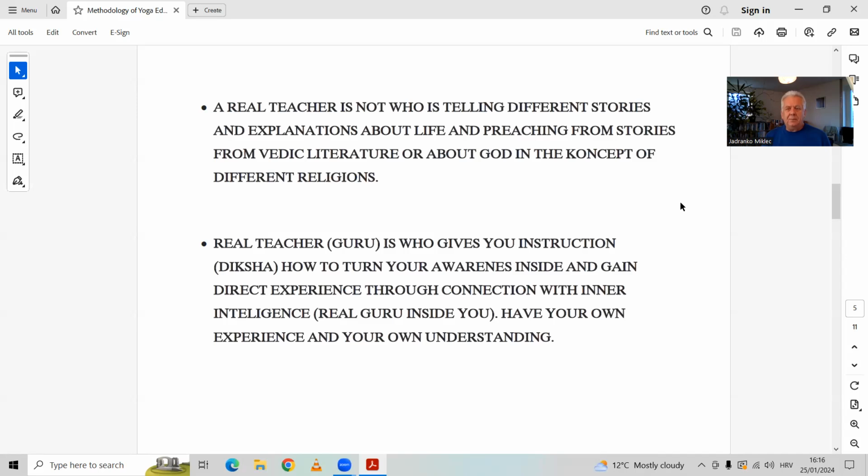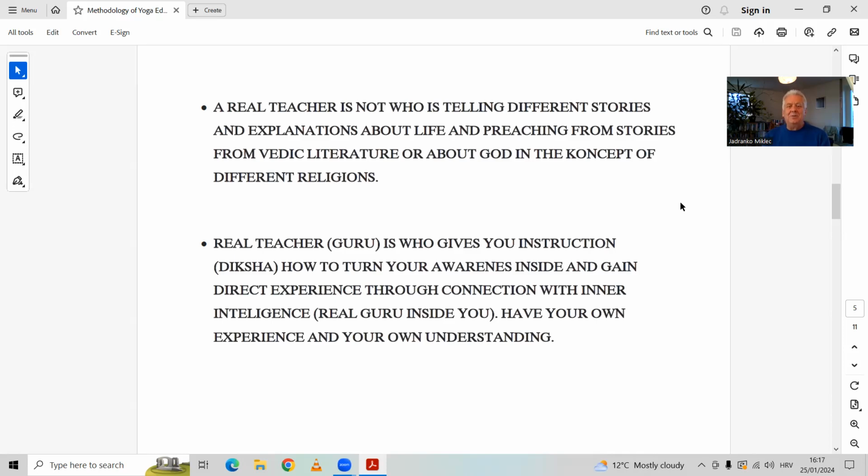And people like to be passive, and they enjoy just listening to those beautiful stories, having great adoration for such teachers, because they are giving them what they like, to be passive and just enjoy some beautiful stories, and in some way feeling that they are something special on that basis.